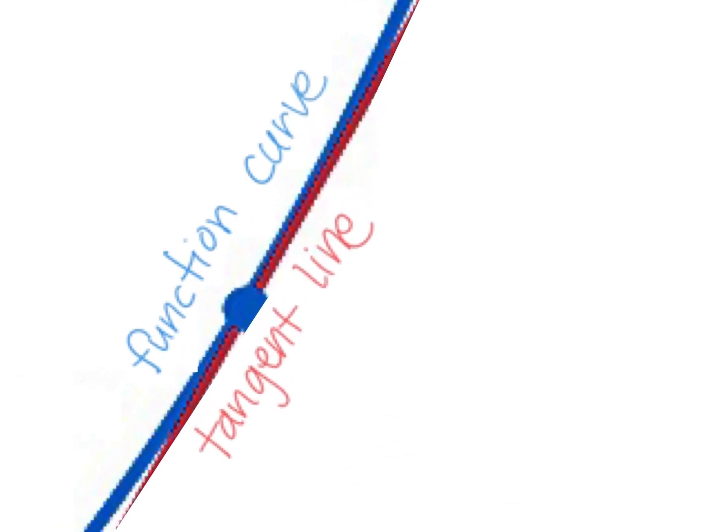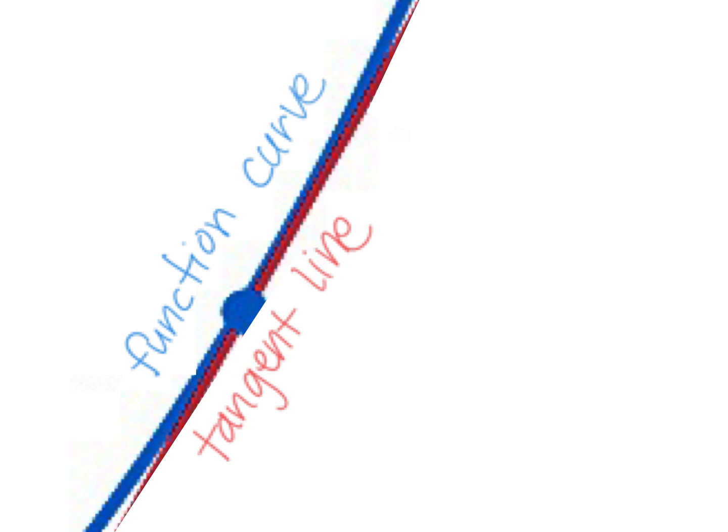He was like, I'm going to use the line instead, using y minus y1 equals f prime of x, his derivative, times x minus x1. I'm going to use a tangent line instead. His argument was that his tangent line was just as good as the function curve, close enough, within thousands of decimal places.